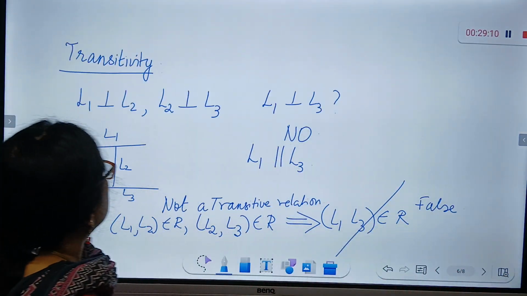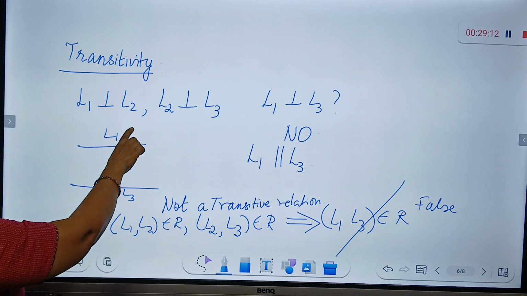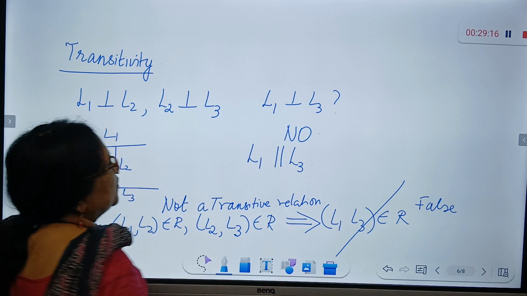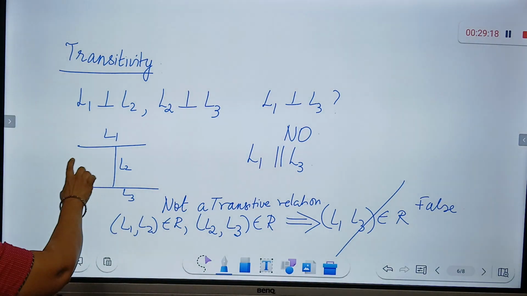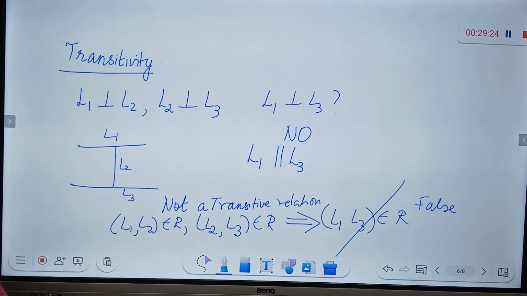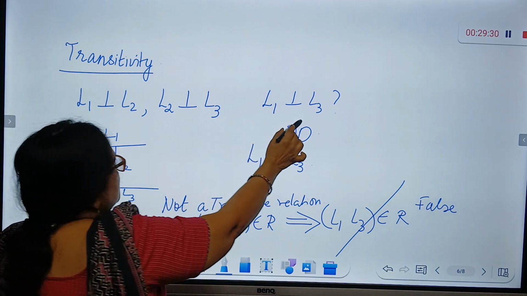Then we checked for transitivity. If L1 is perpendicular to L2 and L2 is perpendicular to L3, does it mean L1 is perpendicular to L3? We drew the lines also to check. If we have L1 perpendicular to L2 and L2 perpendicular to L3, you can clearly see L1 is parallel to L3 by the property of straight lines. Therefore, it is a false statement.